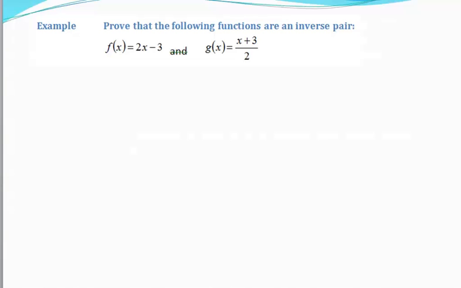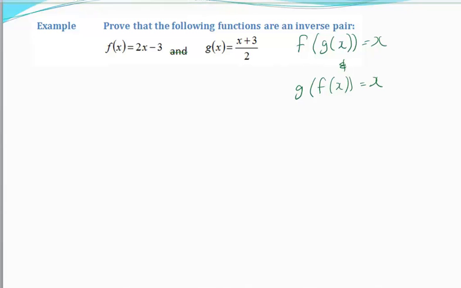So we're going to use this example. What we want to do is find f of g of x equal to x, and g of f of x is x. We're going to work on this one first. We know g of x is x plus 3 on 2. We substitute this value into our x for f of x.